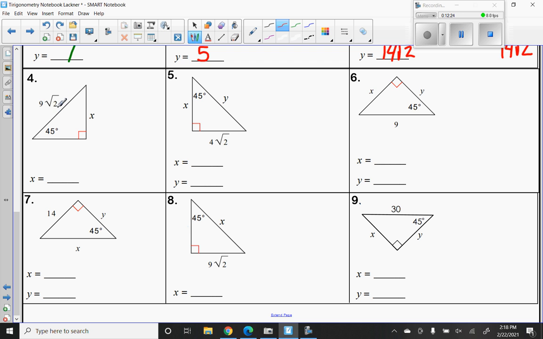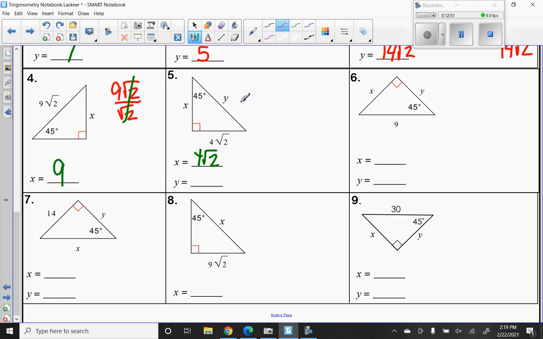Another easy one would be I have the hypo, I need the leg. It says take the hypo, divide it by a radical 2, and what will happen is these cancel out. And you're done. I have a leg. Okay, here's my other leg. It's equal. I don't have to really do anything. They're equal to each other.